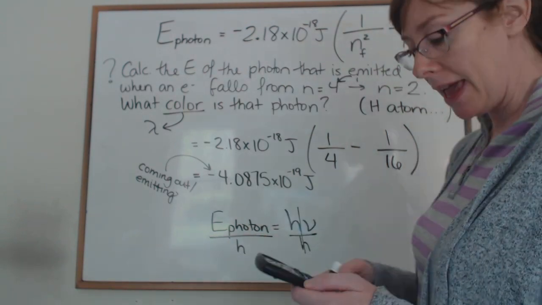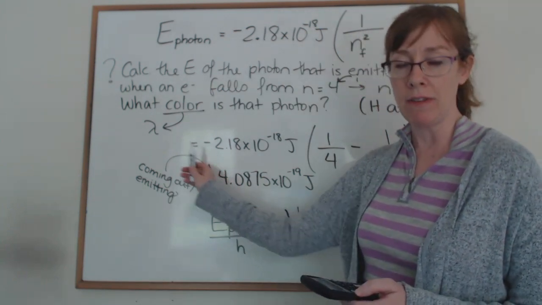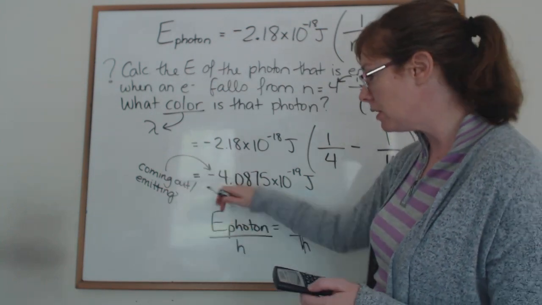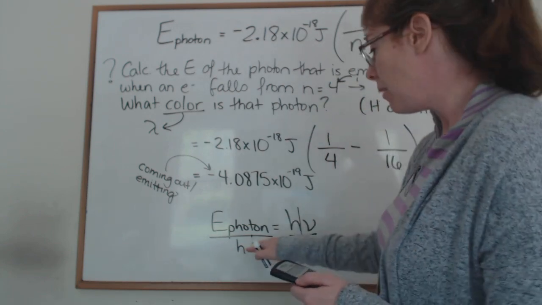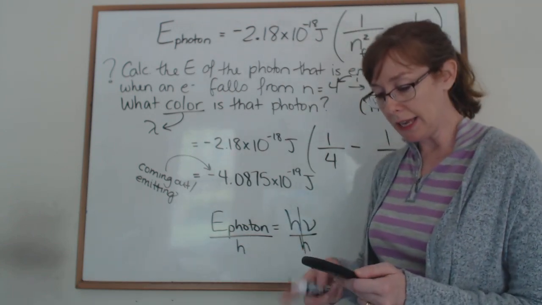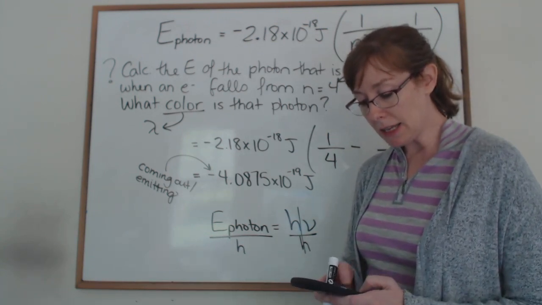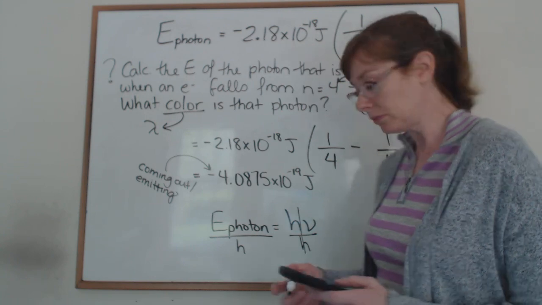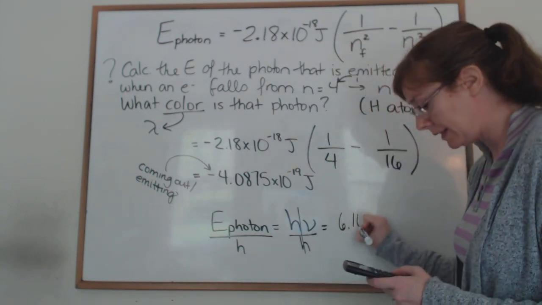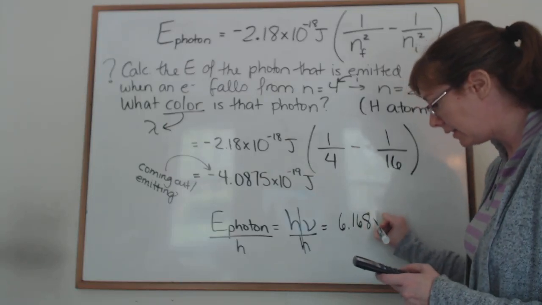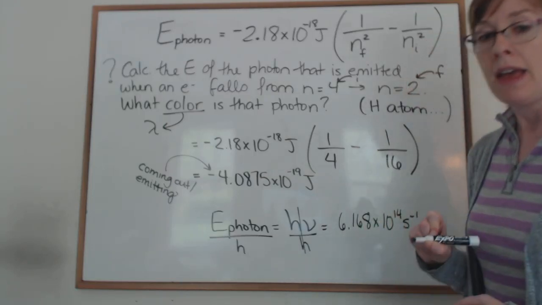I'm going to take the absolute value and lose the negative. I understand that it's coming out, but I'm just going to use the positive number. Now I'm going to divide it by Planck's constant, once again 6.626 times 10 to the negative 34. And I'm getting a frequency equal to 6.168 times 10 to the 14th s to the minus 1.